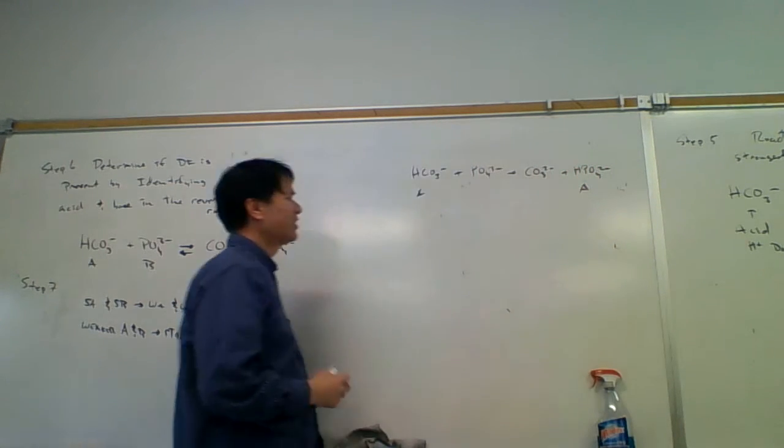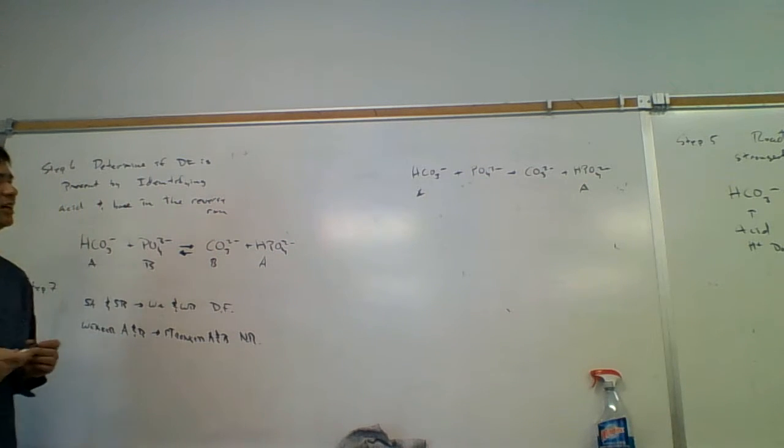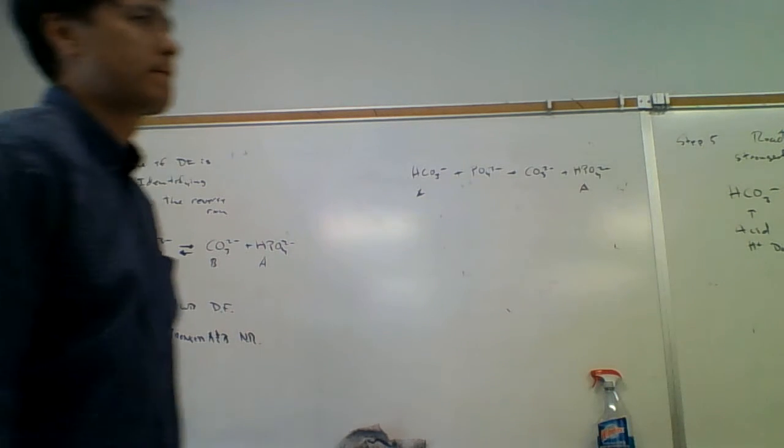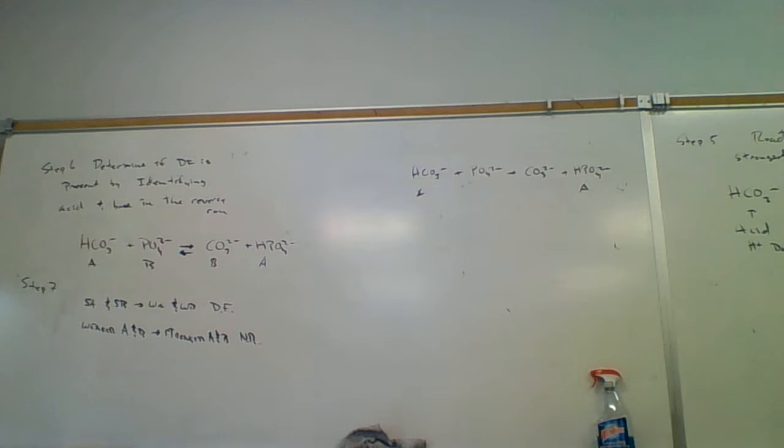All right, let's compare the two acids here. Bicarbonate versus HPO4 2-. Which one is a better acid? We can see it here. Here's bicarbonate. Here's HPO4 2-. Which one's a better acid? Well, we have to kind of orient ourselves. Where's the strongest acid?